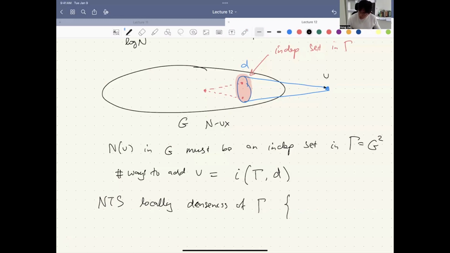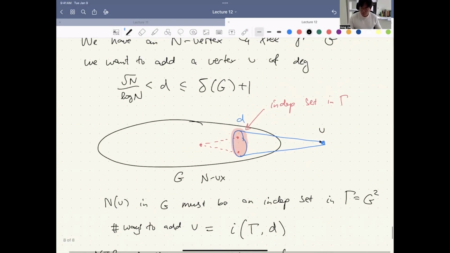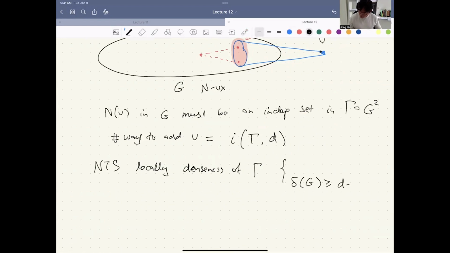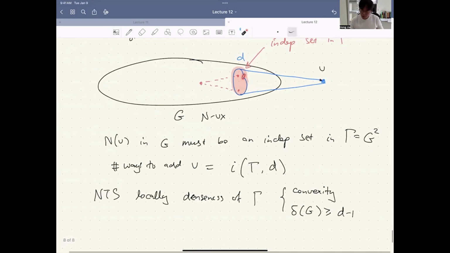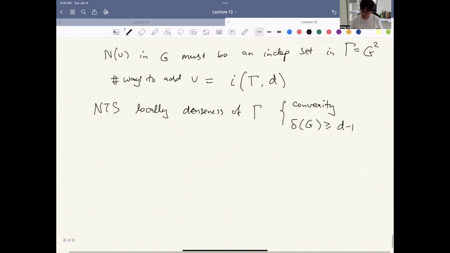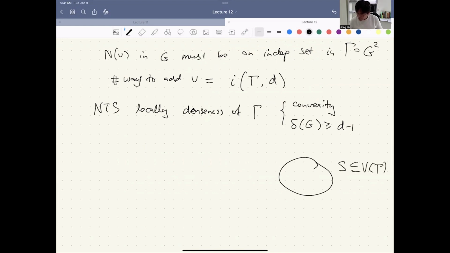This follows, as I said, because we know delta of G is at least D minus 1, so the graph is dense. And we're going to use convexity. Here's what I mean. To prove local denseness, let's take an arbitrary set S, which is a vertex set of gamma, same as the vertex set of G. We want to prove that there are many edges here, right?